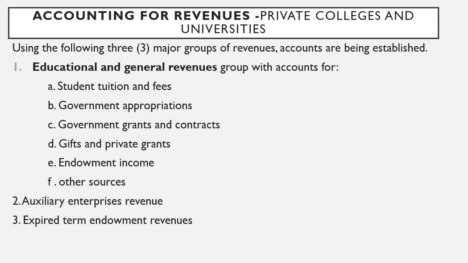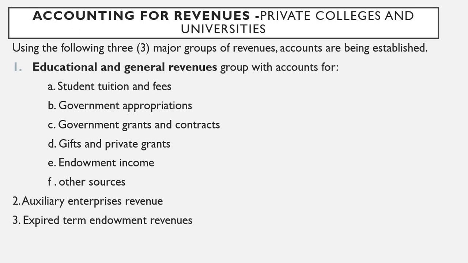The second one is the auxiliary enterprises revenue. The auxiliary revenues are the revenues of private colleges or universities not related to their goal of providing education.